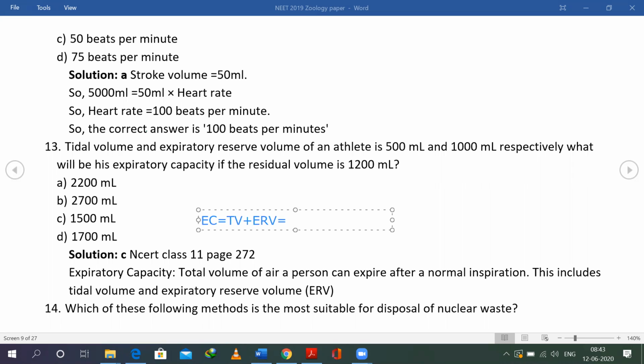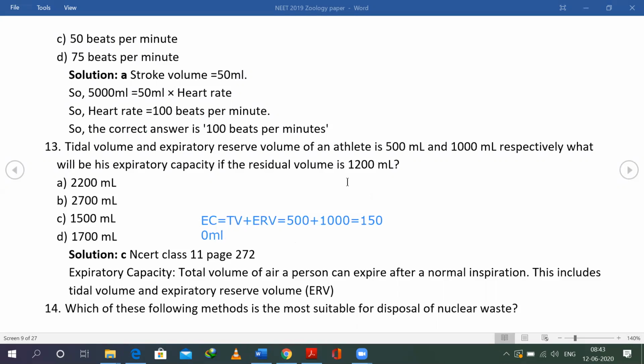So what is the tidal volume here? Just 500 ml plus what is the expiratory reserve volume? Expiratory reserve volume is given as 1000, right? So how much have you got? You have got 1500 ml. Easy, right? So option C will be our correct choice. Expiratory capacity, if you remember, will be TV plus ERV. So you have got 1500 ml.